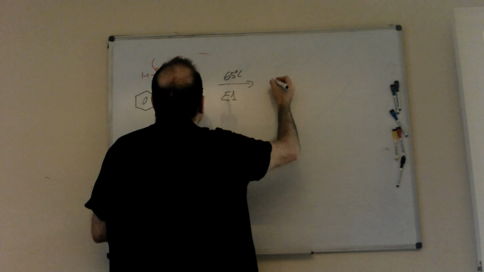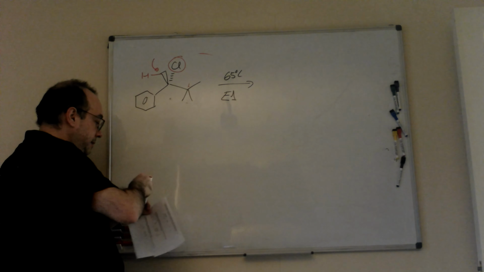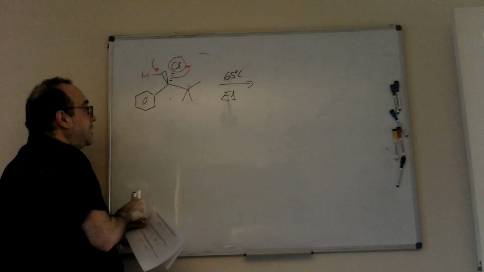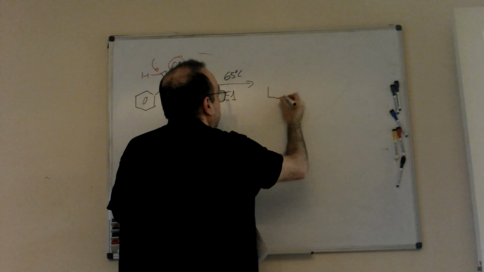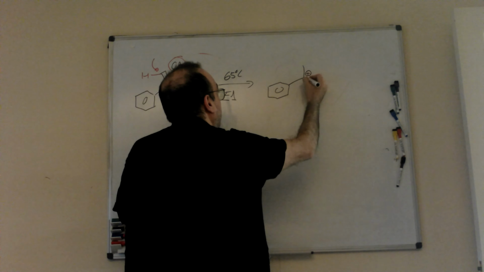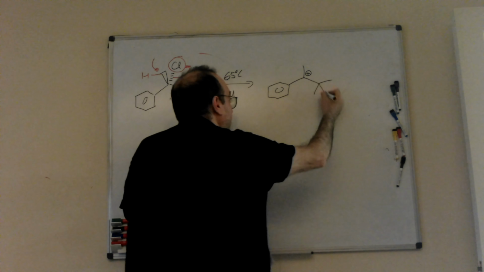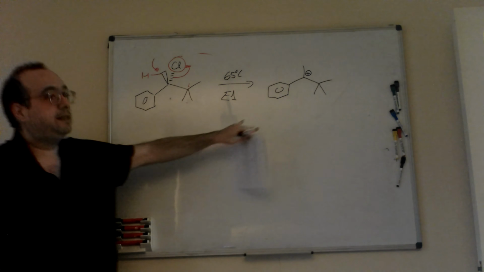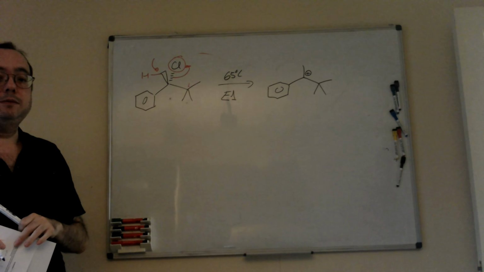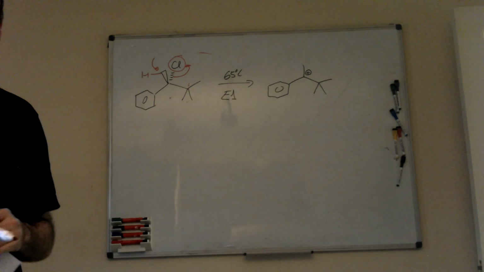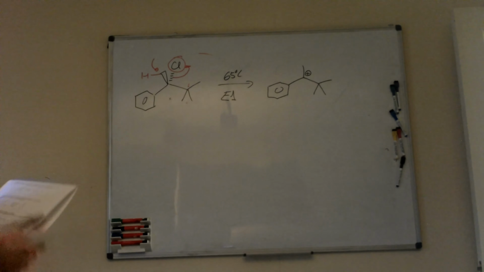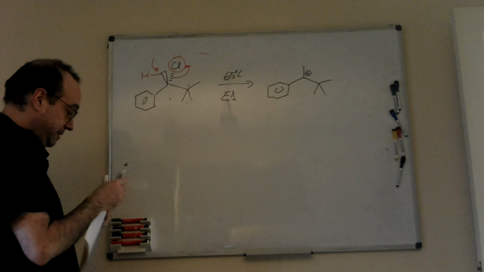Okay, and then what we get is, remember, in E1 the leaving group is departing, we generate the carbocation, as you can see here. The carbocation is very stable, it's a tertiary carbocation. Okay. Sorry, my cat.